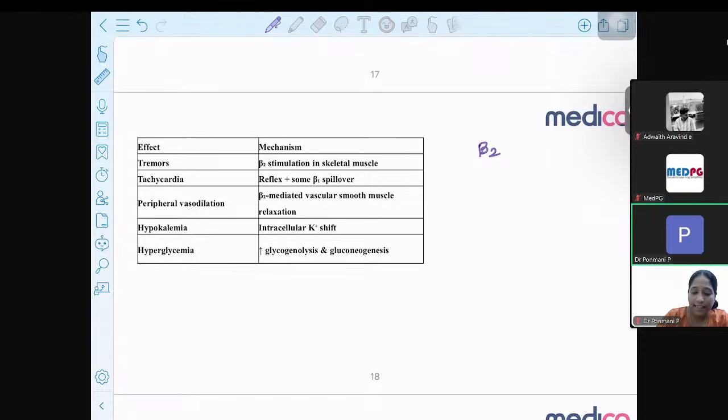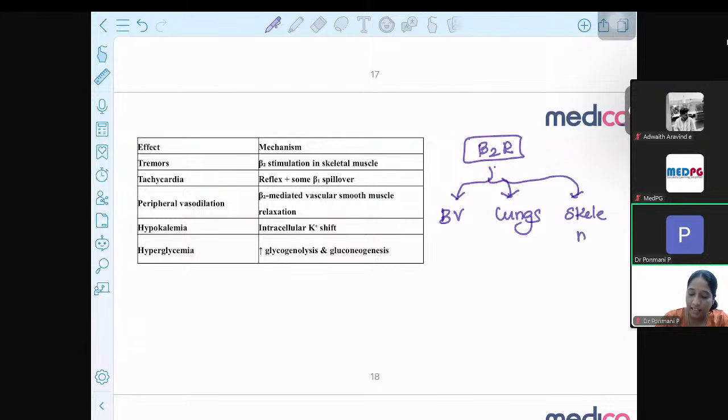Where is the beta-2 receptor present in the body? It is present in the blood vessels, the lungs, the skeletal muscles, and also the liver. In the lungs, it causes bronchodilation. In the skeletal muscle, it causes tremors.